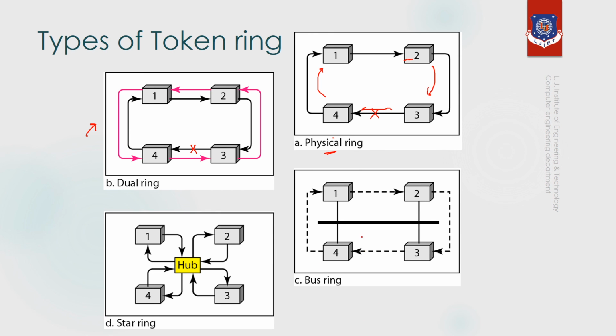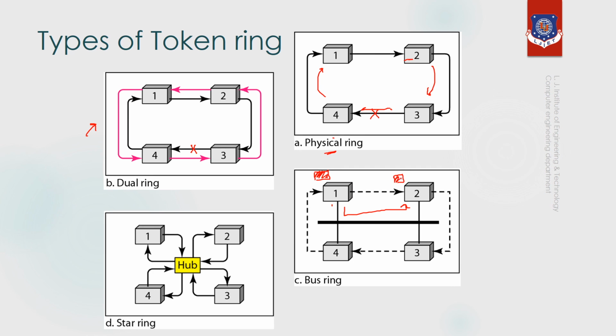In the bus ring, the topology seems like a ring, but it is not a ring. This is bus topology. But all the communication will happen using the token. What I'm trying to say is device A can send data only if it has the token. If device 1 has the token, it will send data and this token will be passed to device 2.